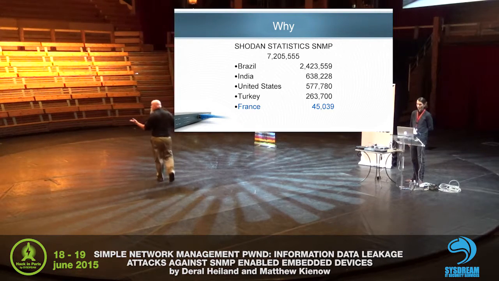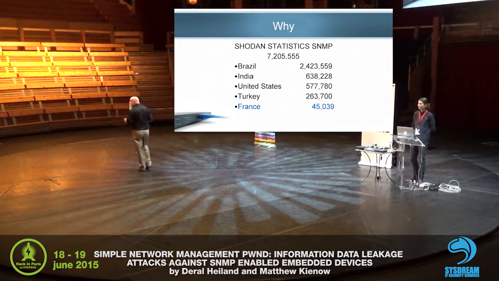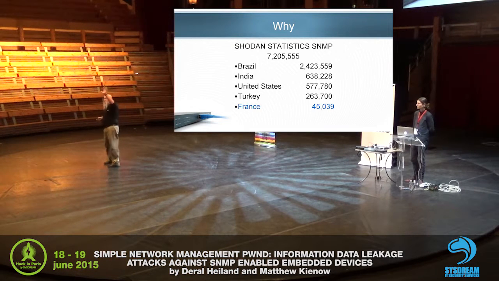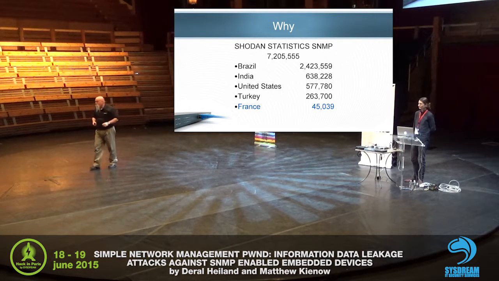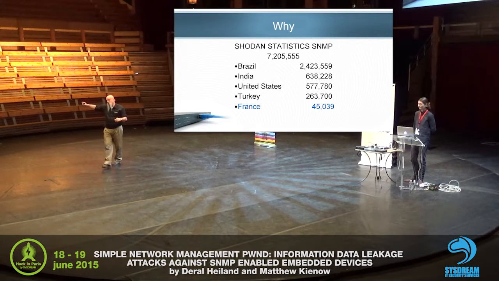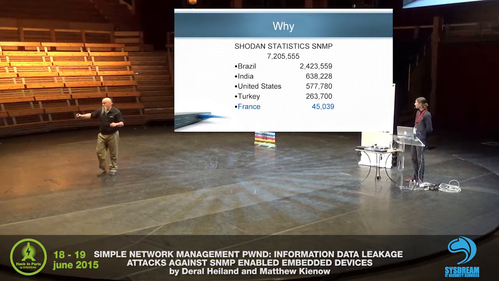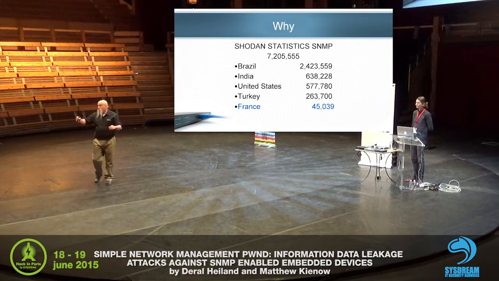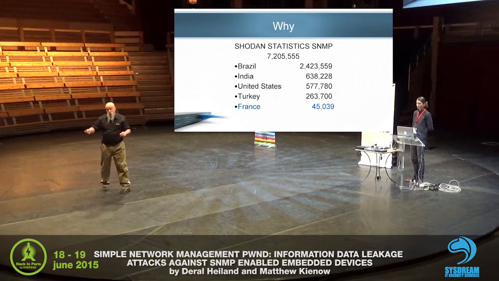Moving on, we show a few statistics from Shodan. Everyone should be familiar with Shodan. You can get information online about devices and what ports and services they expose. Based on Shodan, just about a week ago, there are 7.2 million devices exposed to the internet with SNMP with a community string of public enabled.